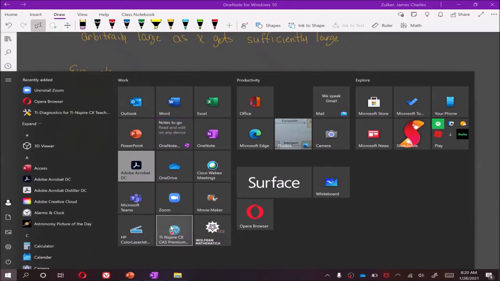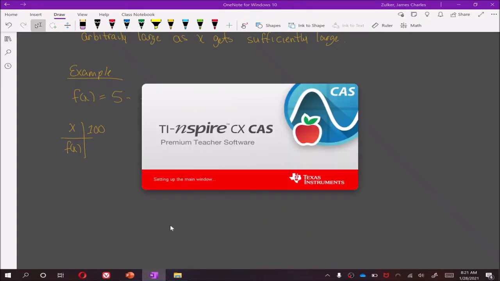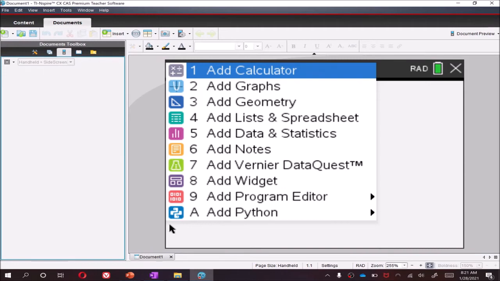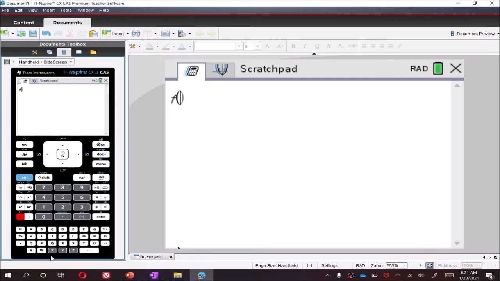Let's go ahead and load up a calculator. Okay, so our function f of x was 5 minus 2 over x squared. Let's go ahead and store that function.